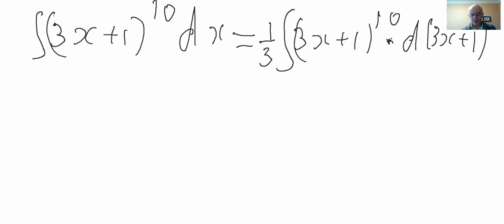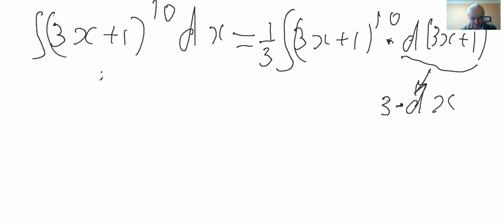We need 1/3 because the differential d(3x plus 1) equals 3 times dx, and to get the original integral we need to multiply by 1/3.